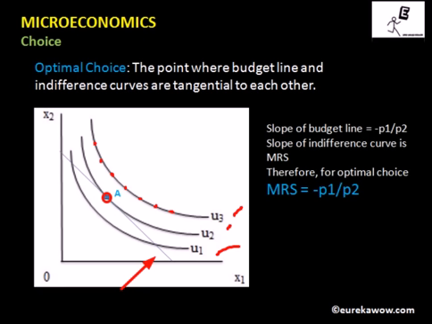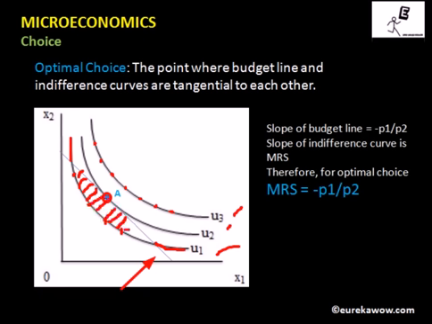It's on the right of the budget line, and hence none of these bundles are affordable, and hence they are out of question. If we look at the indifference curve U1, there are some bundles which are lying in the budget set, therefore they are within the budget constraint, and there are some bundles which lie in this region which are outside the budget constraint. However, there are some bundles which are lying above this and are still affordable. So the bundles which will be lying in this region are still affordable by the consumer.